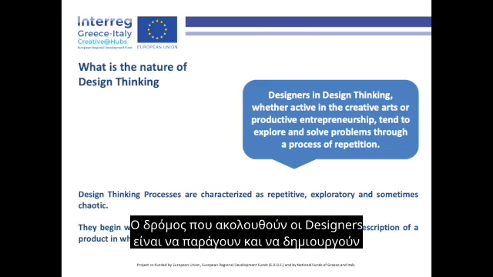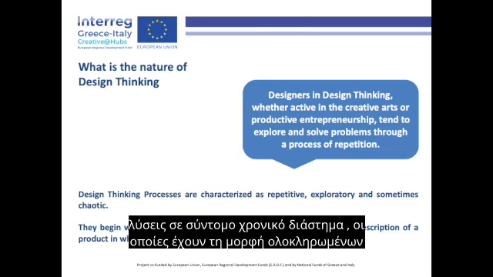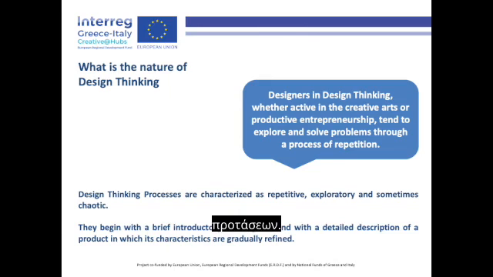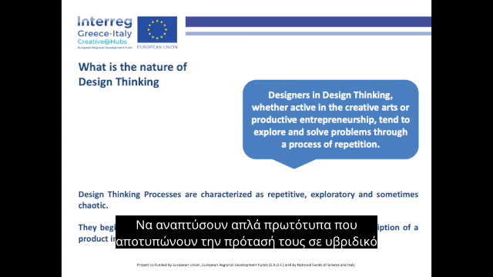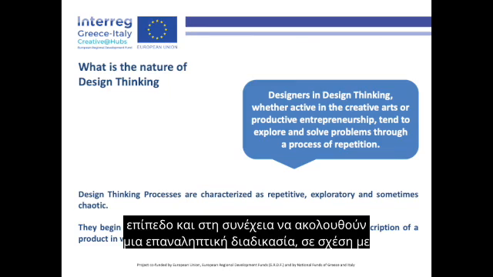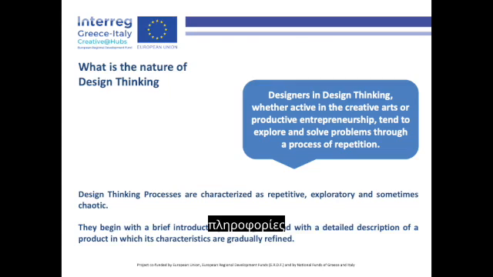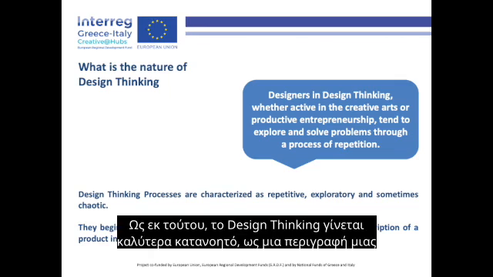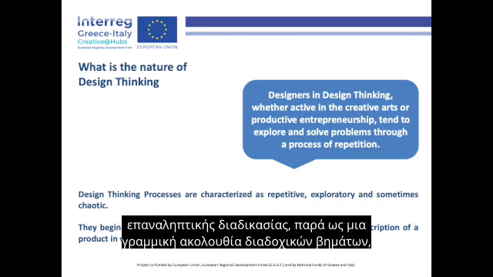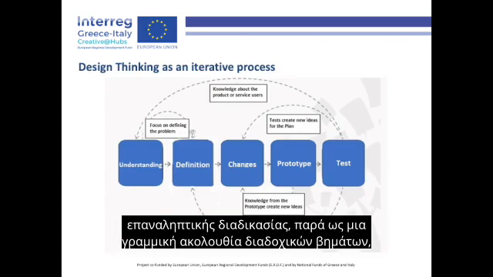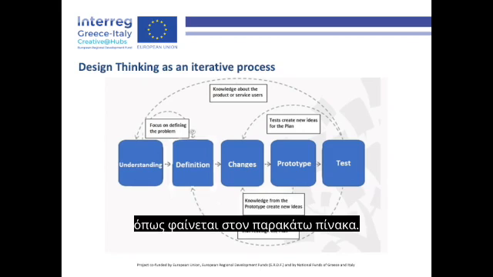The path that designers follow is to produce and create in a short time solutions, which are in the form of integrated proposals, to develop simple prototypes that capture their proposal on a hybrid level, then follow an iterative process in relation to the initial solutions, suggestions, supported by important external information. Design thinking is therefore better understood as describing an iterative process rather than a linear sequence of sequential steps, as shown in the following table.